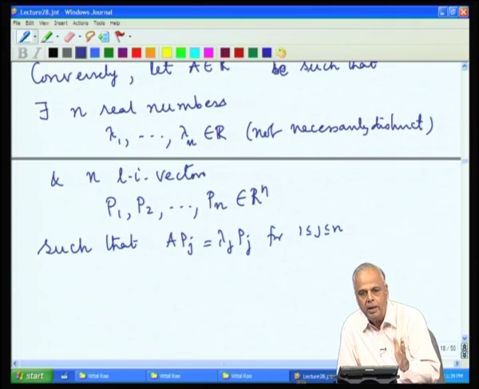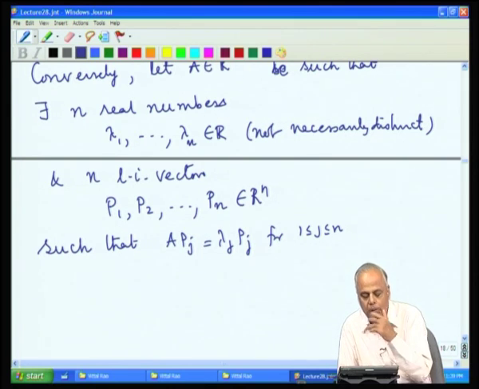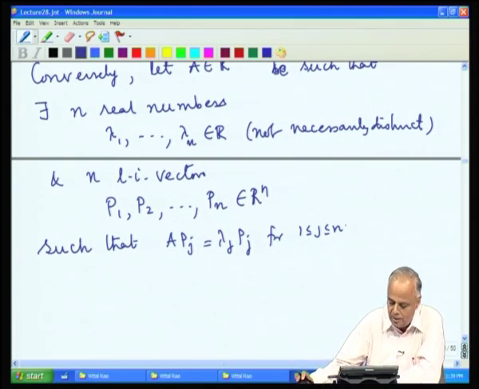In the previous case we assumed diagonalizability and arrived at the existence of these numbers and the vectors. Now we are assuming the existence of these numbers and the vectors and we are going to prove that A is diagonalizable.